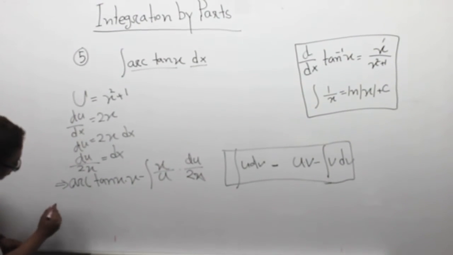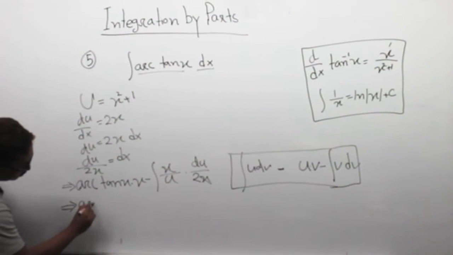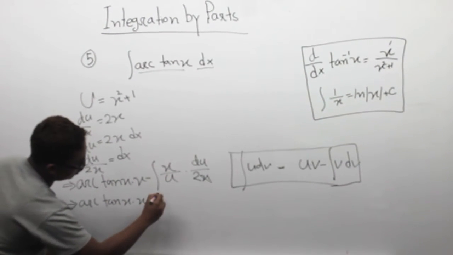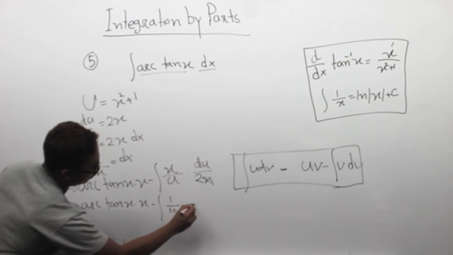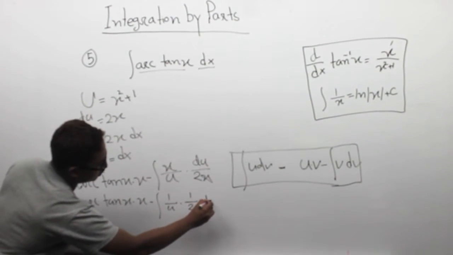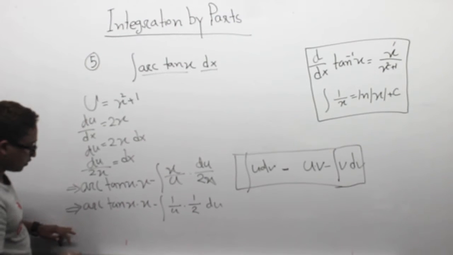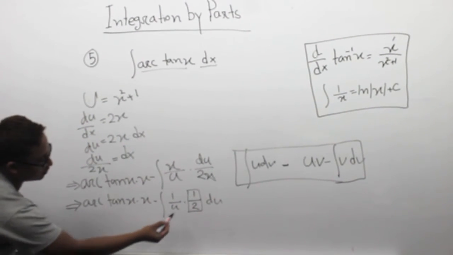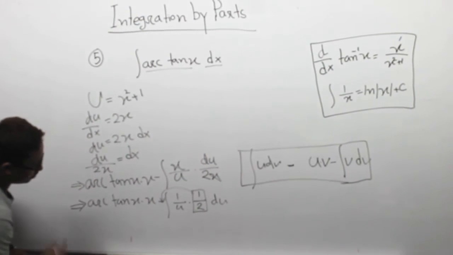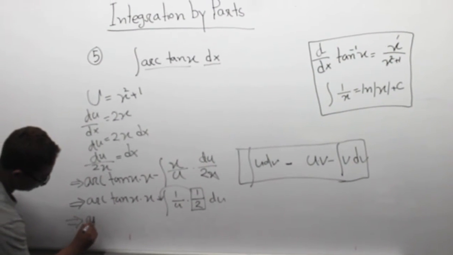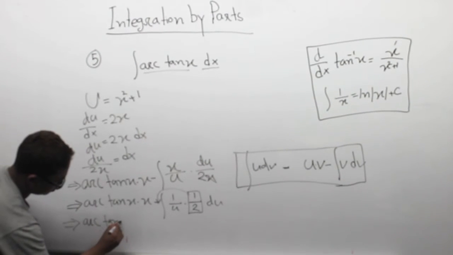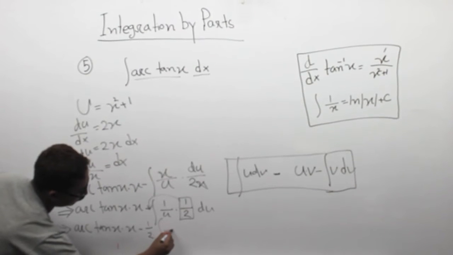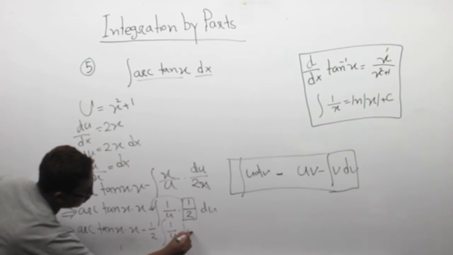If x cancels out, then the next line is arc tangent x minus integration of 1 over u times 1 over 2 du. This 1 over 2 is a constant, and if it's a constant, it can be taken out in front. So it will be arc tangent x minus half integration of 1 over u du.